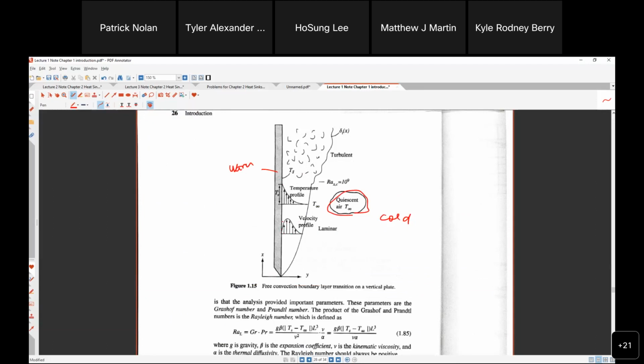Near the plate, the air is getting warm and it rises because the warm air density is lighter than cold density. That's the free convection. So with one plate rising, here is quiescent, the velocity is 0 here, and then the velocity is moving, something like that. Temperature.